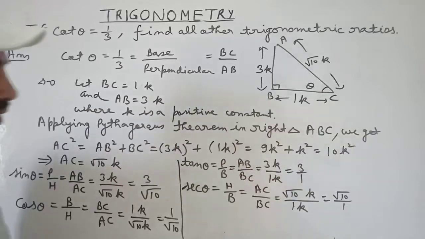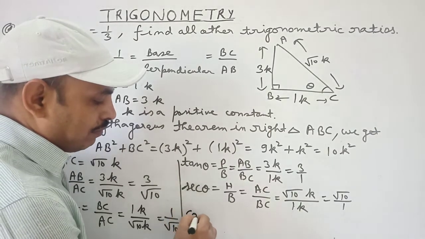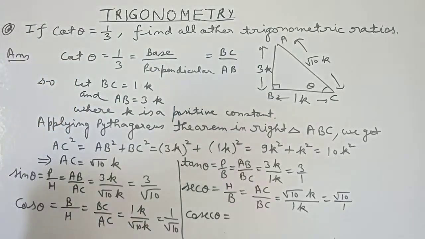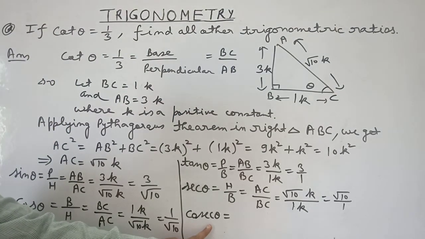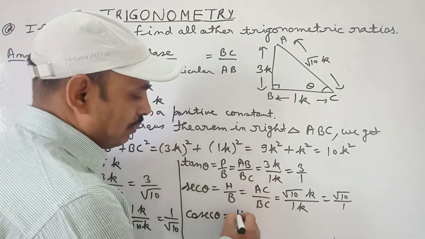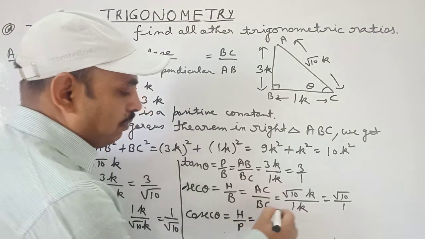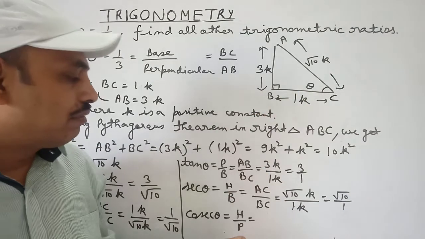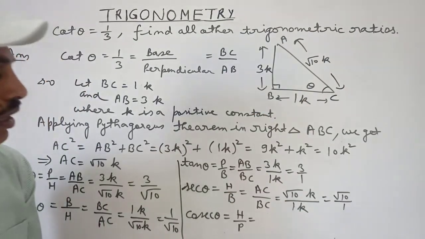Last is cosec theta. Cosec theta equal to 1 upon sin theta. Cosec theta is reverse of sin theta. So it is h upon p. Cosec theta equal to hypotenuse upon perpendicular.